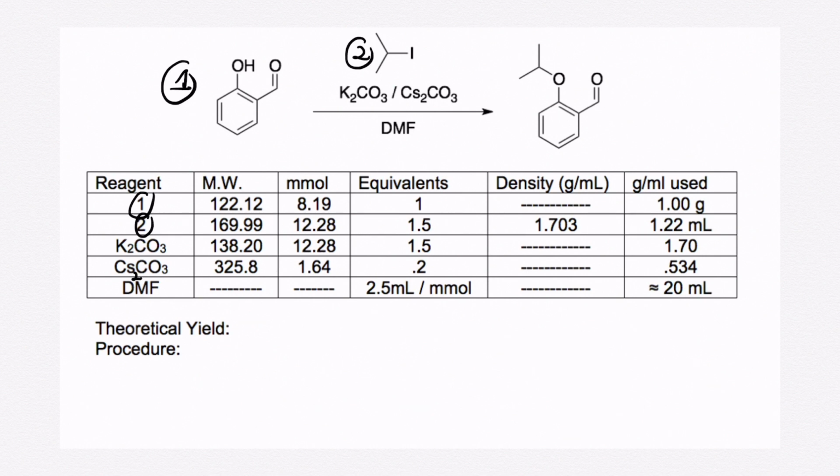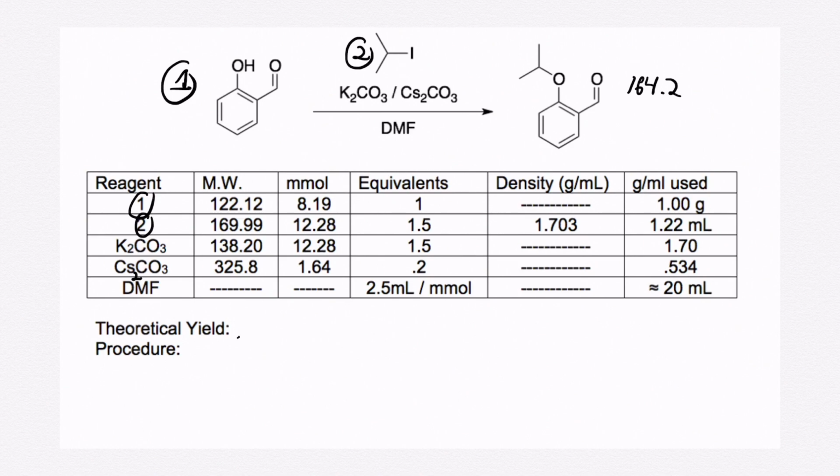So then to fill out the theoretical yield, what I normally do is I write the weight of my product on the upper right. So this compound weighs 164.2, and I write it there just as a quick reference for future reactions.